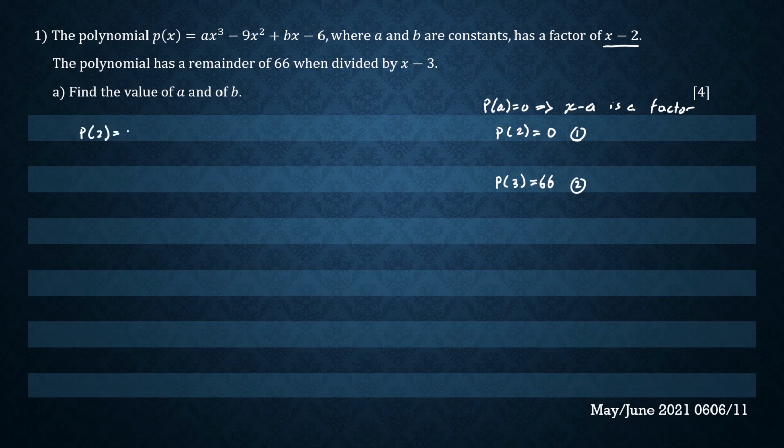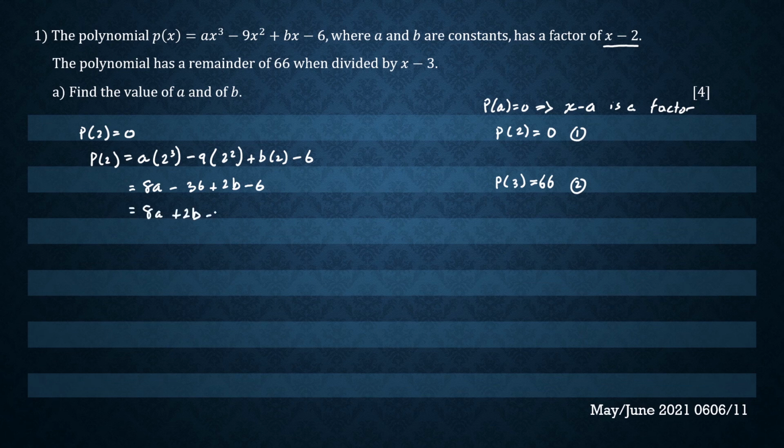P(2) equals 0. So we'll substitute 2 into the equation. We can write P(2) equals a times 2 cubed minus 9 times 2 squared plus b times 2 minus 6. That will simplify to 8a minus 36 plus 2b minus 6, and down to 8a plus 2b minus 42.